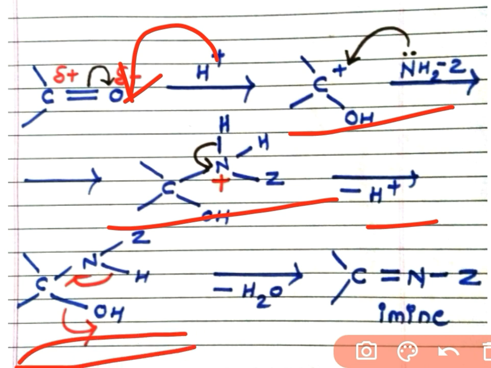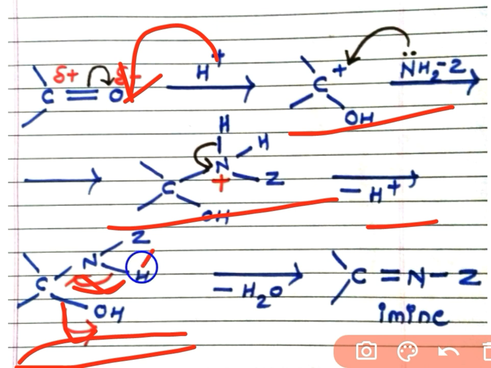So this type of species is formed. Now this hydrogen donates its bond electron here. Because of formation of a new bond with carbon, this bond breaks. So OH becomes OH minus and this is H plus.